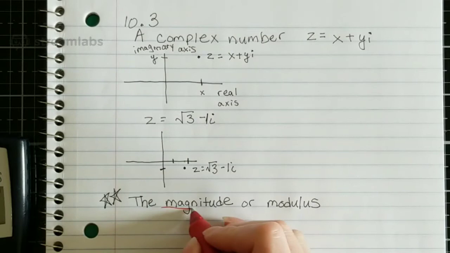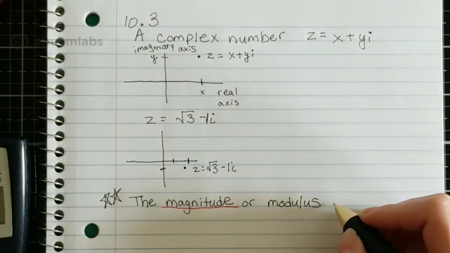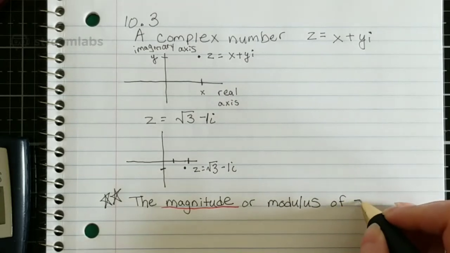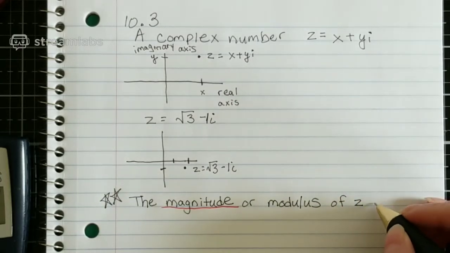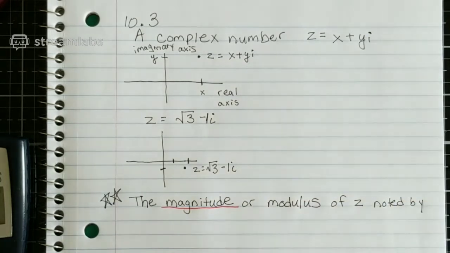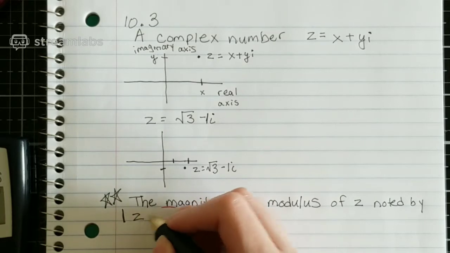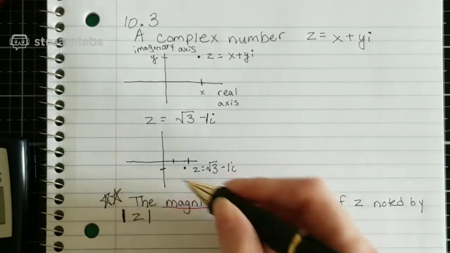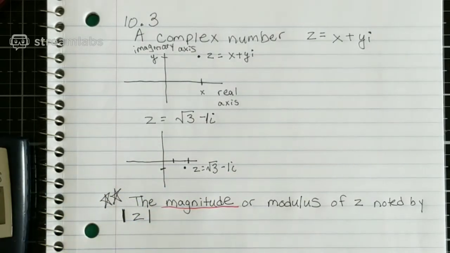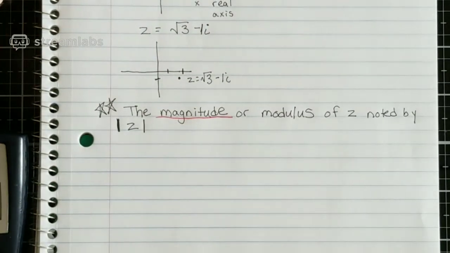So magnitude's the word that you're going to want to know. All right. So the magnitude of z is notated, and it looks like the absolute value of z. I mean, that's what the notation looks like, but you would read this as the magnitude of z. Okay, so if you see anything that looks like an absolute value bar, that's the magnitude.